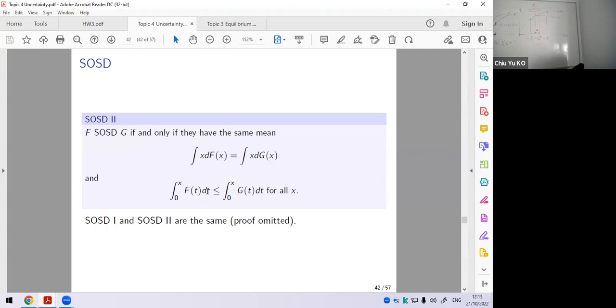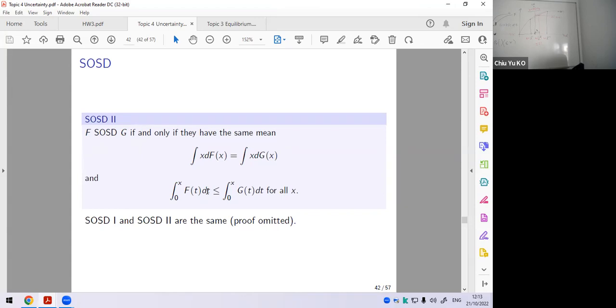Suppose I start with an F. What we actually need is that this is still fine, as long as we look at the area.